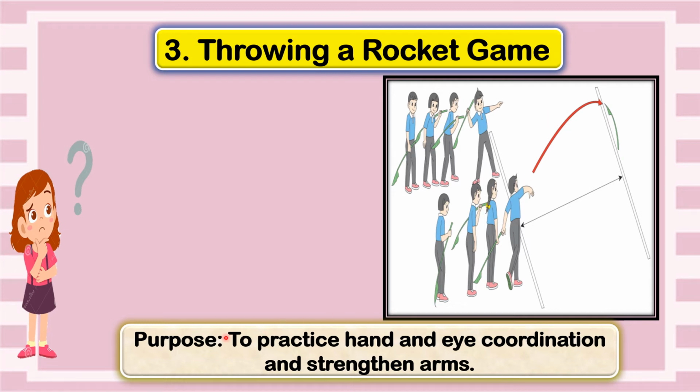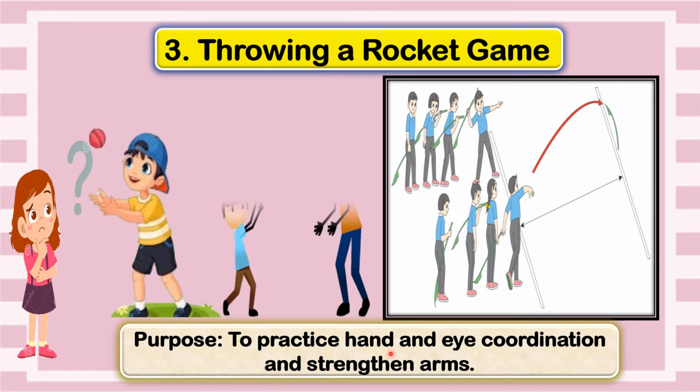The purpose is to practice the hand and eye coordination and strengthen your arms. So that is the purpose of the throwing a racket game. Again, to practice your hand and eye coordination.